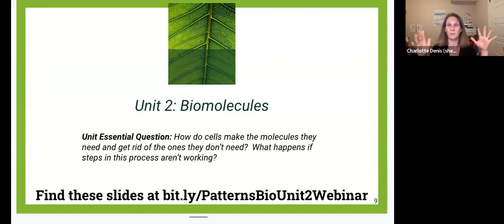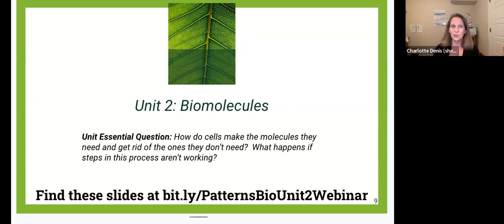So we do a big jump from macro to micro right away in October. And then on the other end, we have a unit that we call homeostasis, or cells to organisms, and it takes the basics of how cells are built from biomolecules all the way up to the idea of an organism. So just to give you some context about where this fits in the year.